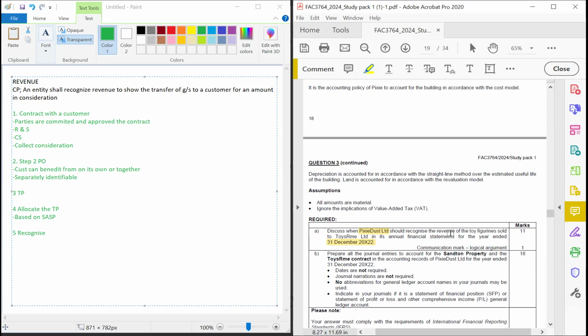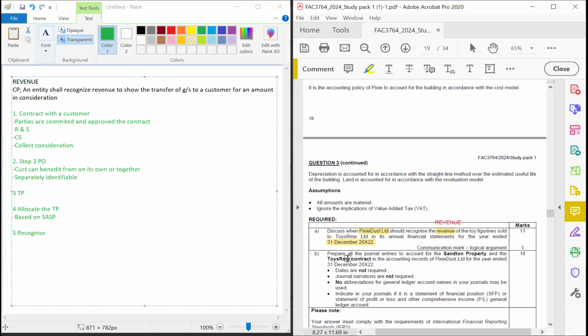So every time you read a required, identify what is the main topic here. Here it is revenue. Okay, great. You can make a mark for yourself that whatever you will be answering here, you are going to answer from a revenue perspective, right? Okay, so this is for part A.